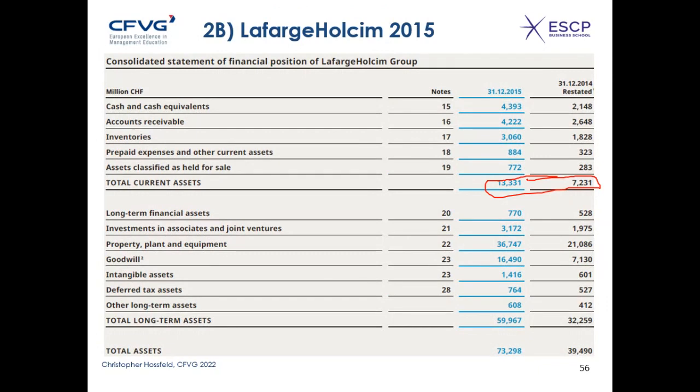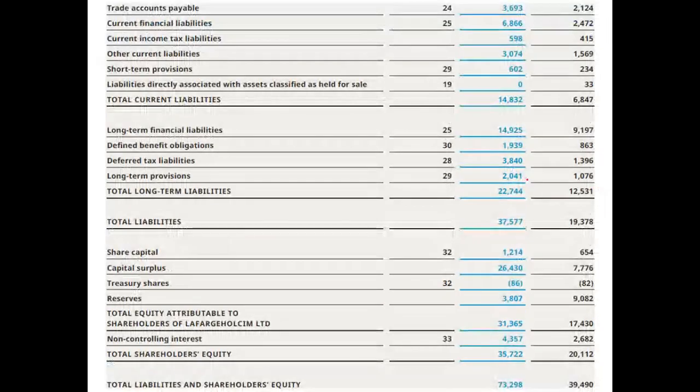So very difficult to compare because it's only related to the scope. Same thing for liabilities. Total liabilities almost double from one year to the other. Well, that's because Holcim is a group, Lafarge was another group, and now you have two groups together. Obviously, the total numbers are higher.